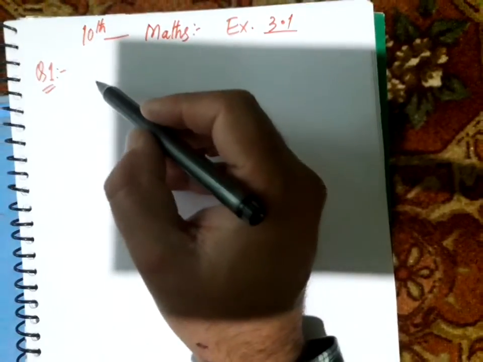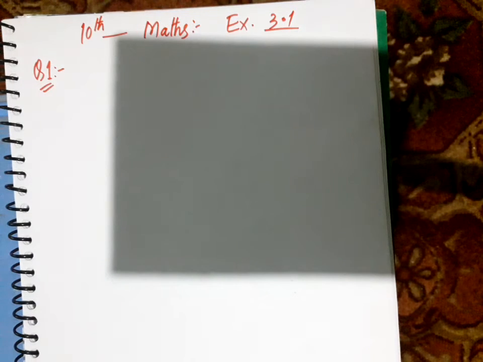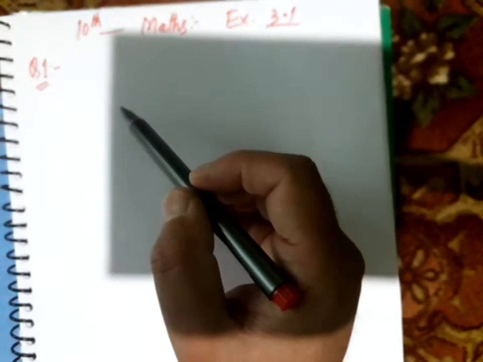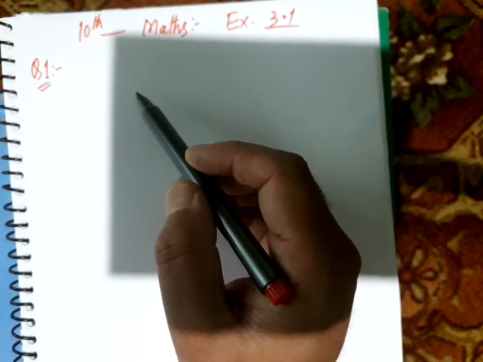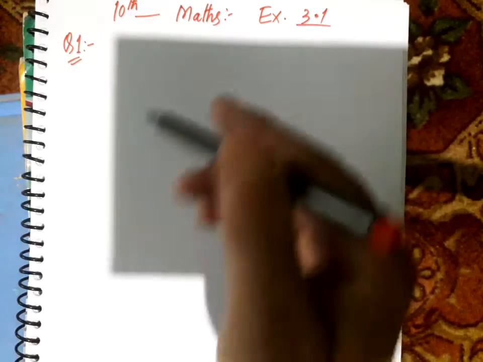To represent this situation algebraically, let us see what the unknown quantities in this situation are. We see that the unknowns are the present ages of Aftab and his daughter.